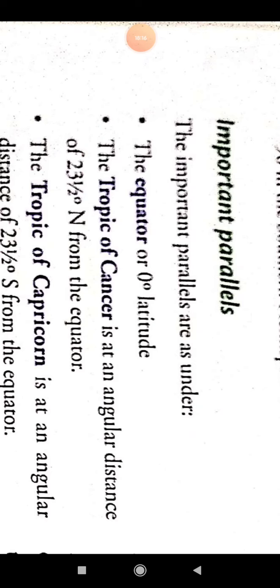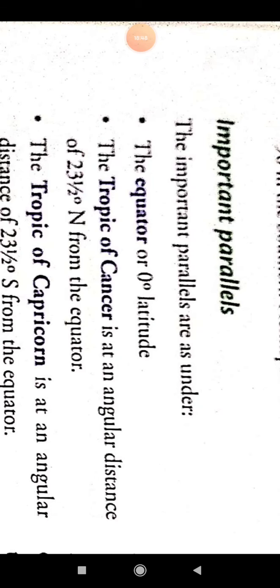The Tropic of Cancer is in the northern hemisphere at 23.5 degrees north, and the Tropic of Capricorn is at an angular distance of 23.5 degrees south, in the southern hemisphere.